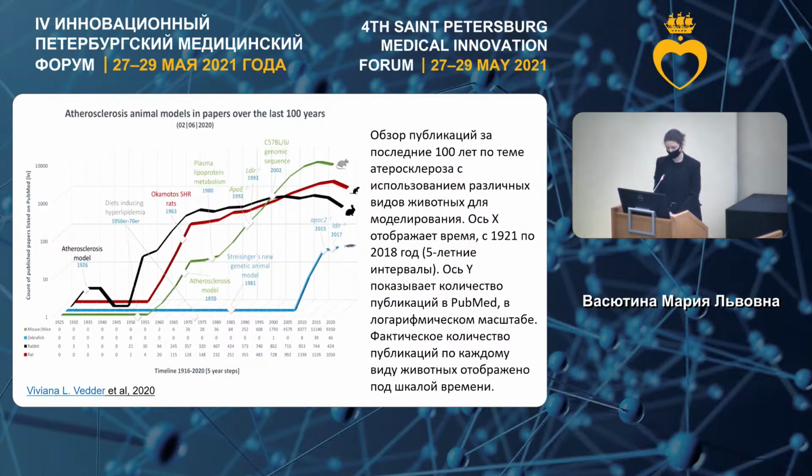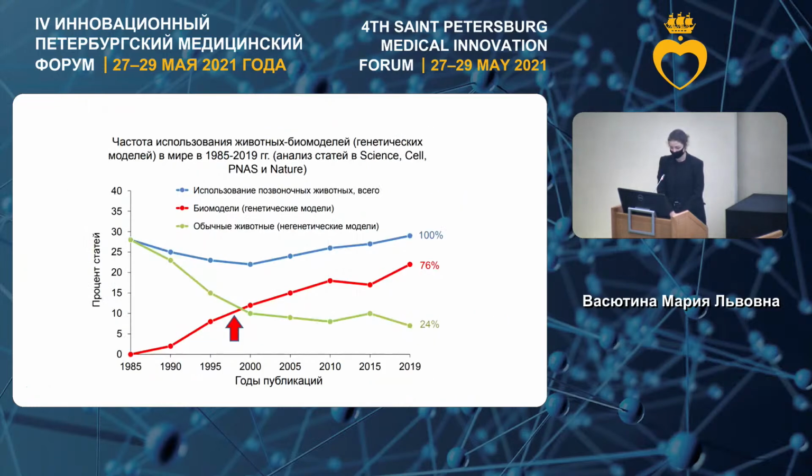So you can see that overall, PubMed has less than 100 papers that can be sampled out for Danio rerio and atherosclerosis input.